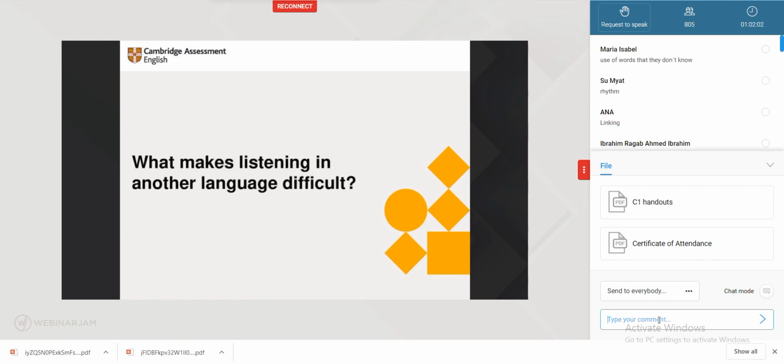The language itself, speed, accent, pace, different sounds, delivery. Trying to translate. Yeah, we'd hope maybe at C1 they'll be trying to translate less, but difficult vocab. Yeah, obviously that will happen. Bit of a reduction. Lovely.